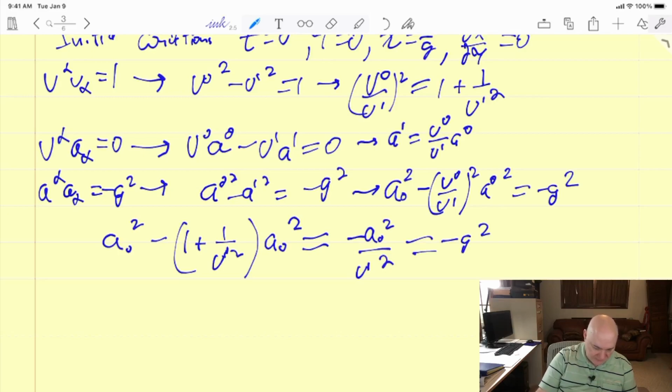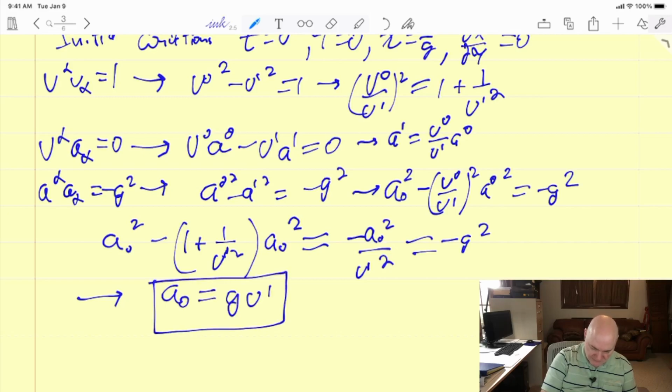And this is equal to minus g squared. So we get our first equation, which is basically a0 equal to g u1. It's obvious which sign to take for the square roots. Everything's moving to the right. So g is positive, so let's not worry about that.